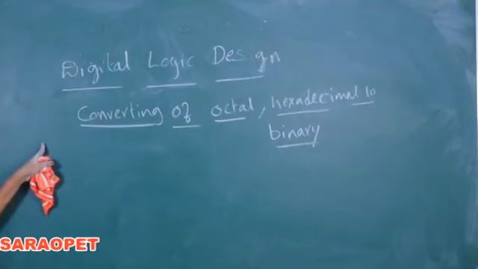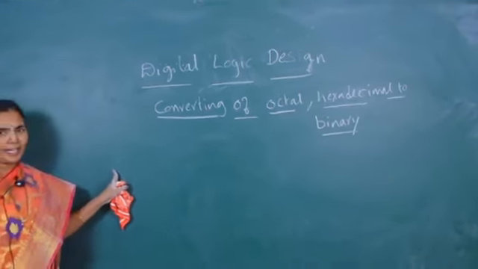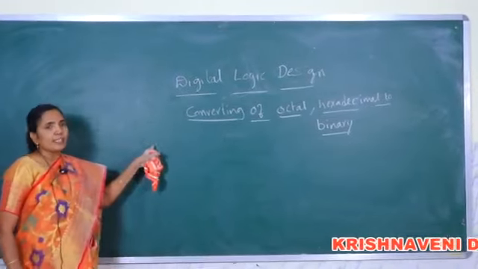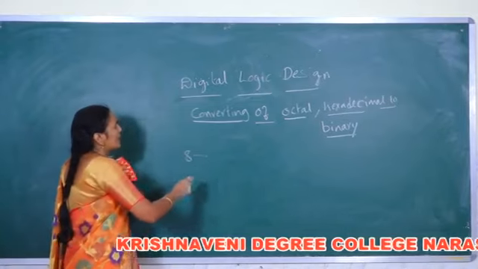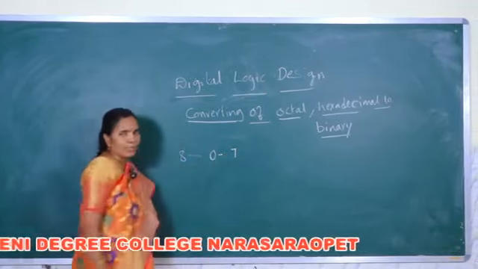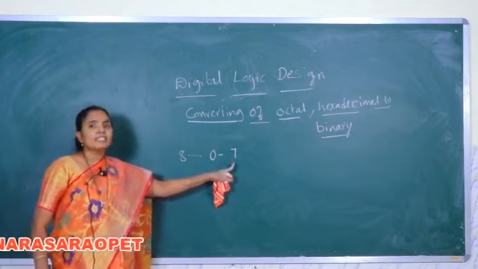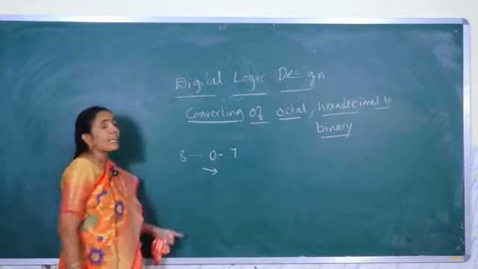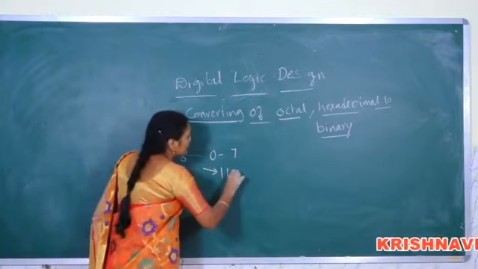Now, let us see how to convert octal or hexadecimal to a binary number. We came to know that the base of the octal number system is 8. It uses the symbols 0 to 7. The largest number in the octal number system is 7. The number of bits required to represent 7 is 3 bits.